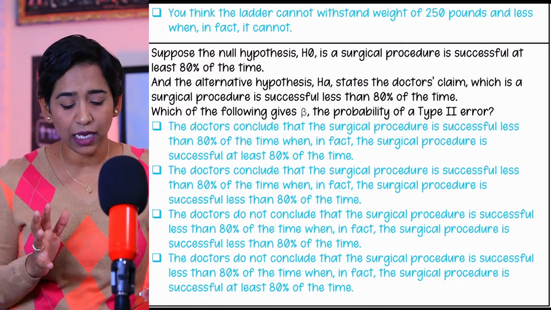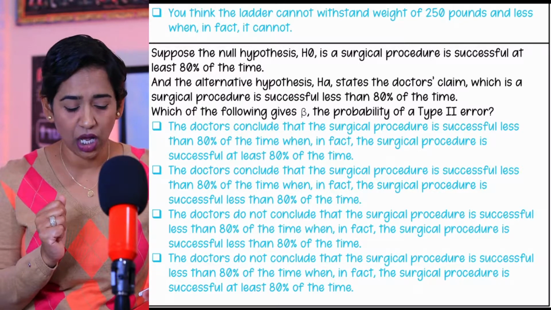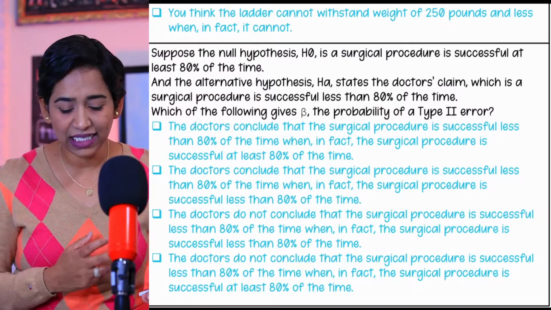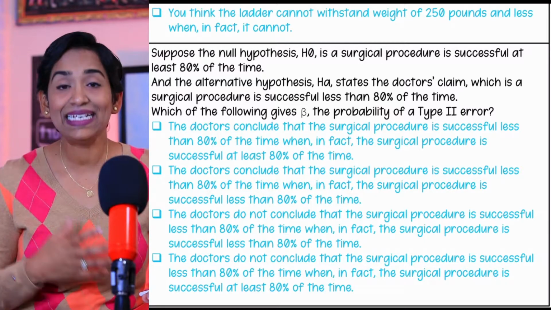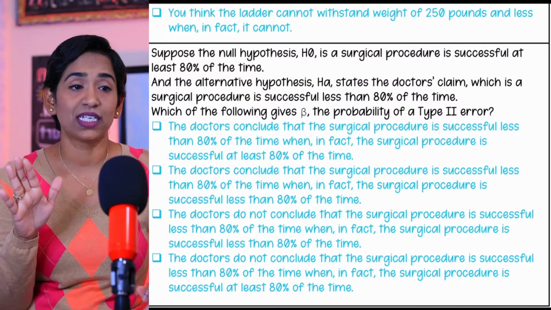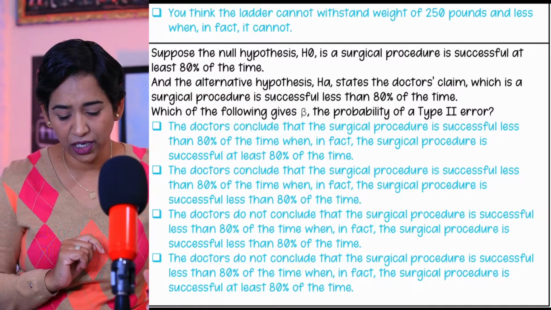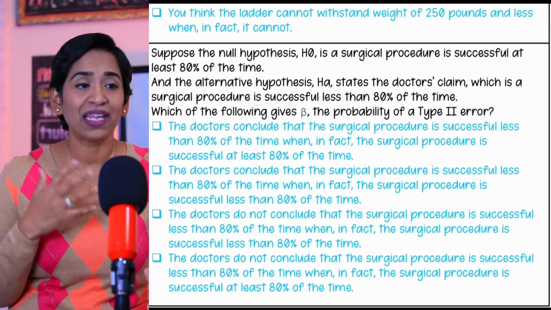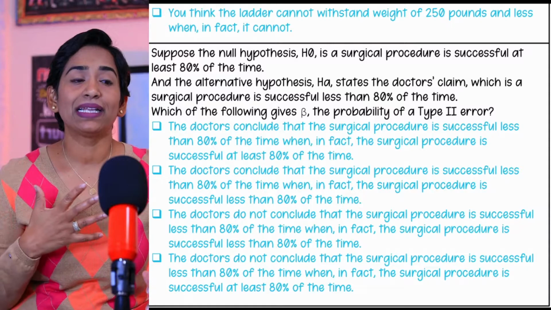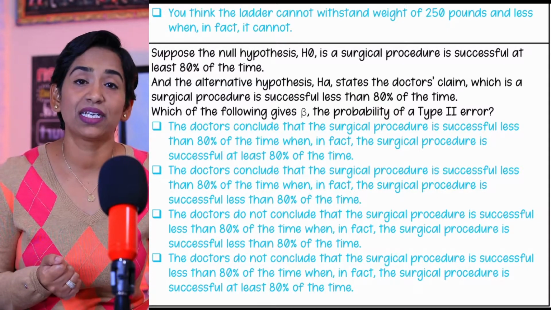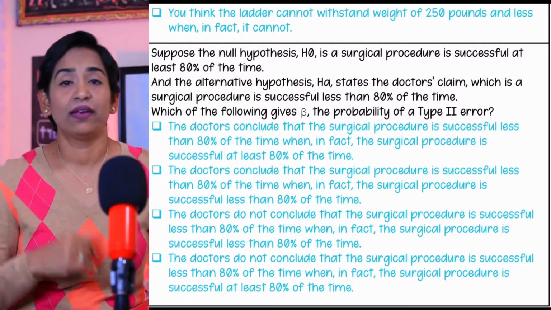Suppose the null hypothesis, H naught, is a surgical procedure is successful at least 80% of the time. An alternative hypothesis, HA, states that the doctor claims the surgical procedure is successful less than 80%.